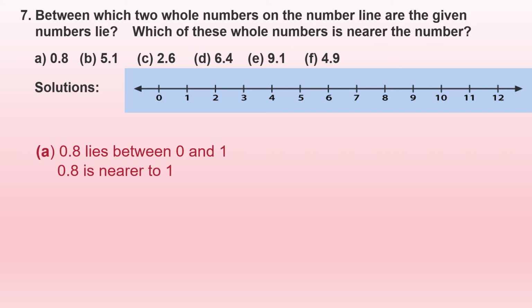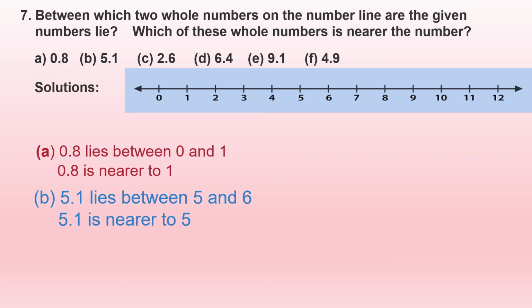Next question is 5.1. So 5.1 lies between 5 and 6. So we have 10 divisions here. So 5.1 lies here. So it is nearer to 5. Next question is 2.6. So 2.6 lies between 2 and 3.